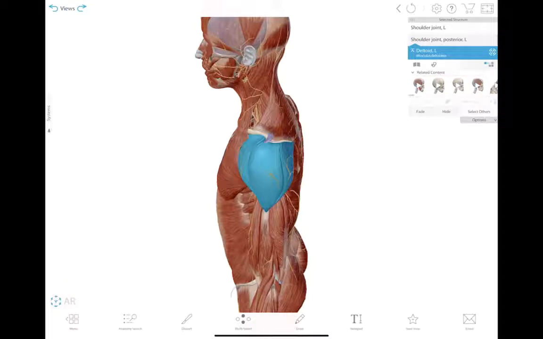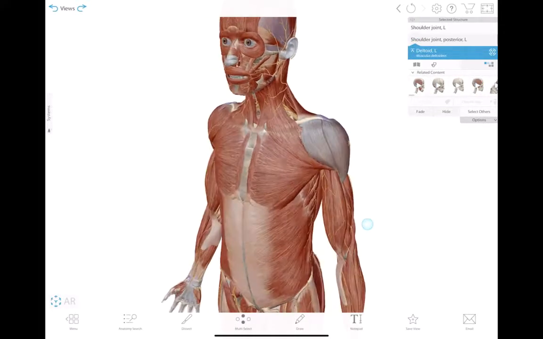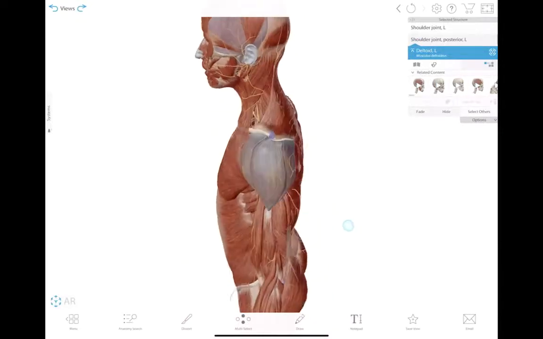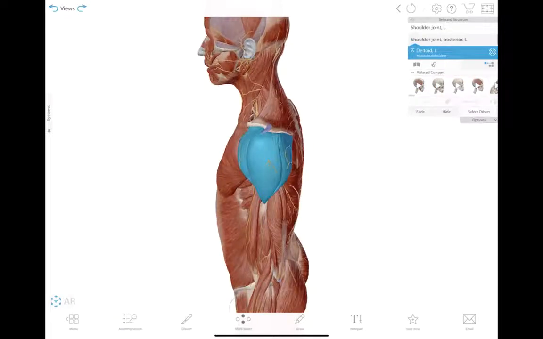One of its major functions is shoulder abduction, moving the arm away from the trunk. If you pick up your arm straight out to the side, that's shoulder abduction, and just looking at this muscle, that's a pretty obvious function of it. It contracts, it gets shorter, and that pulls the arm away from the body.